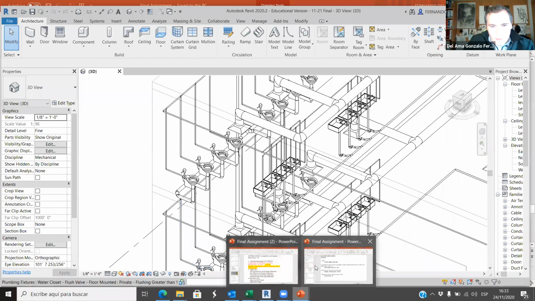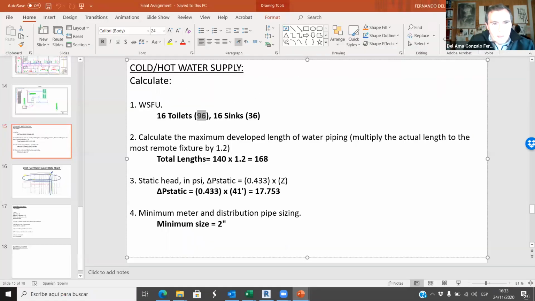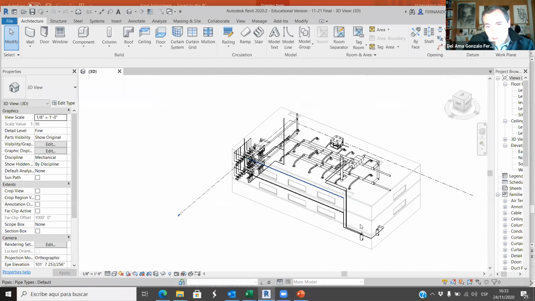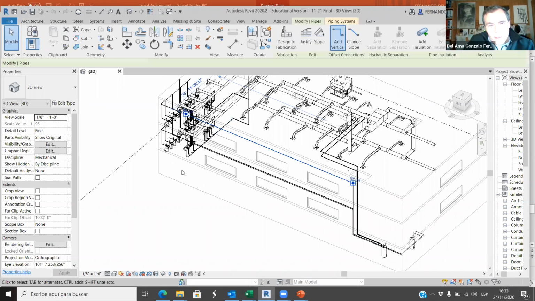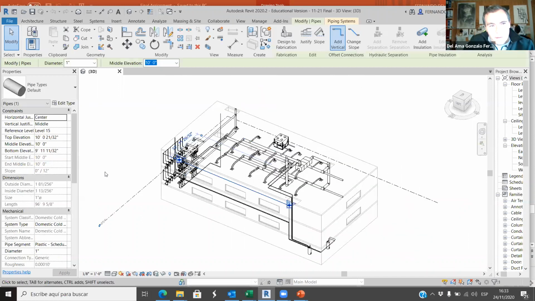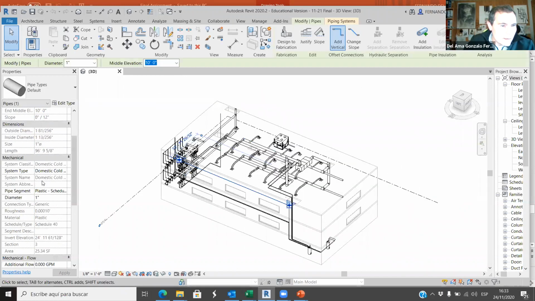So let me find out. If we have 16 toilets times 6, it's 96. Yeah. And then 16 times 6 is 36 water supply fixture units. Okay, so that's correct. And then the total length, I should be checking this. If this is the tank, the farthest one is this. So what is this length?